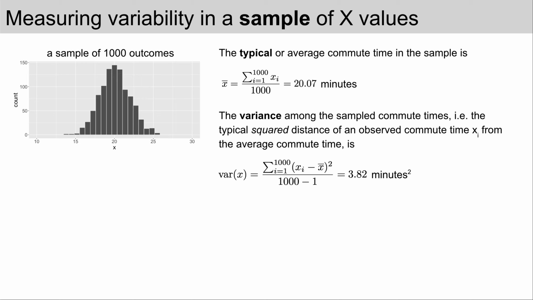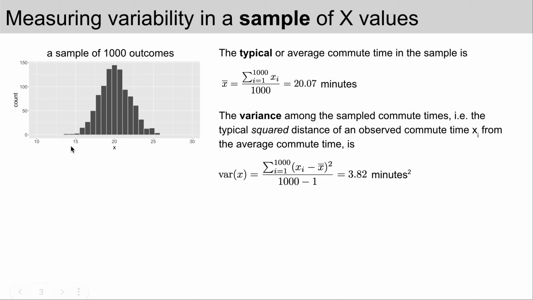Mathematically, the variance is essentially calculated by averaging up the squared difference between each observation xi and the sample mean x bar. I say essentially average up here, since we sum up the squared differences in the numerator and divide them not by the sample size 1,000, but by the sample size minus 1, a minor distinction when the sample size is this large.